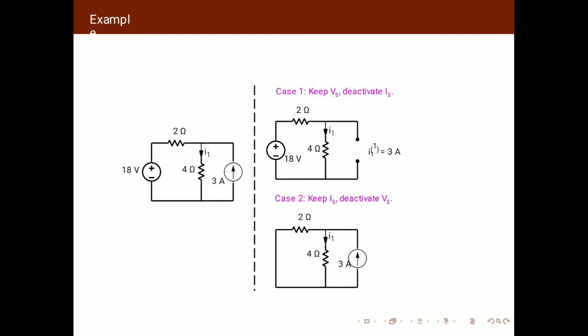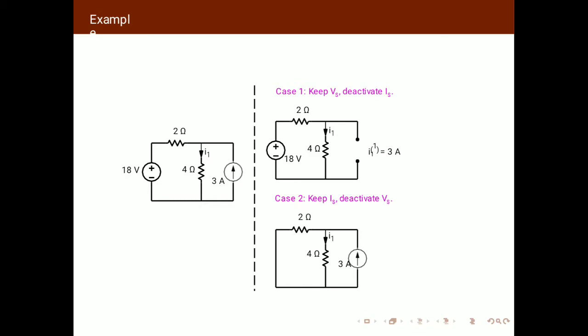The current direction in the 4 ohms is upward to downward. So I1 dash is 3 amps from the voltage source for case 1. Just remember that from case 1, with 18 volts applied, the current I1 dash is 3 amps.